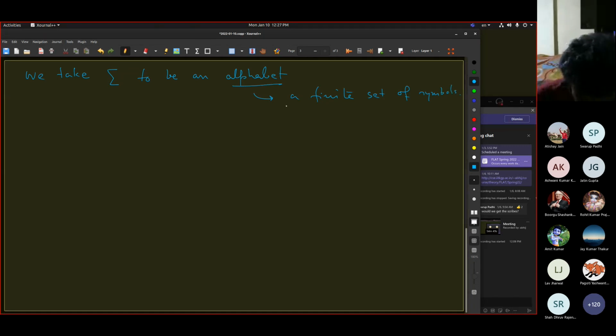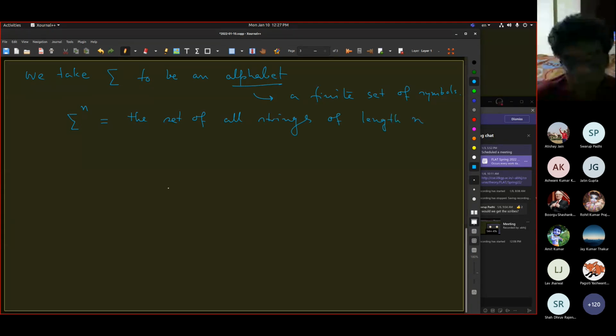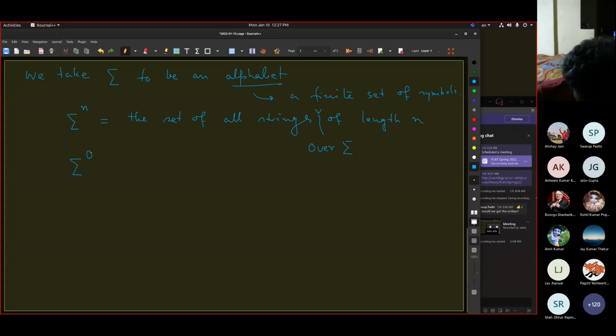Okay, let me introduce some notions about alphabet. Sigma power n is the set of all strings of length n. I am just introducing some symbols, nothing to understand really here. These are all strings, of course, over sigma of length n. And then what is sigma power 0?